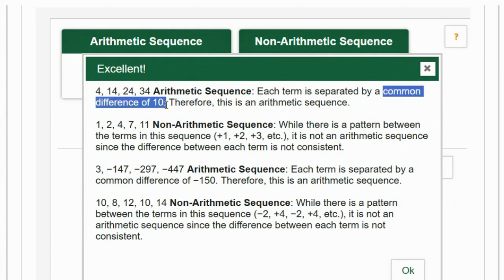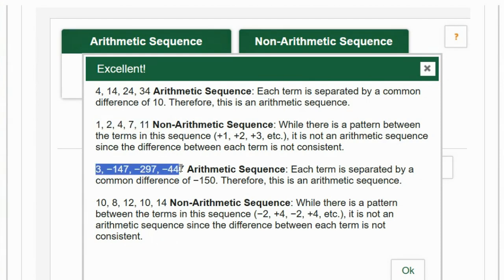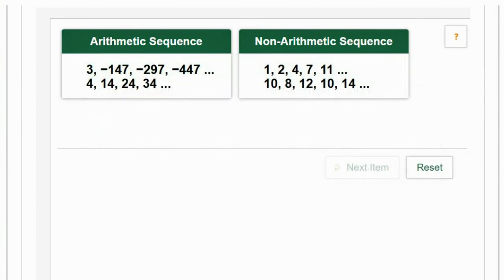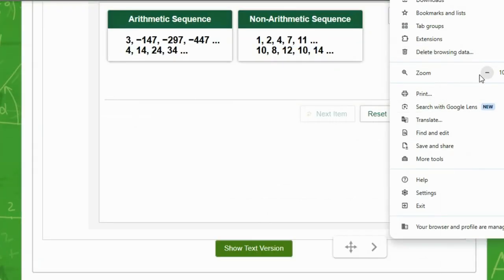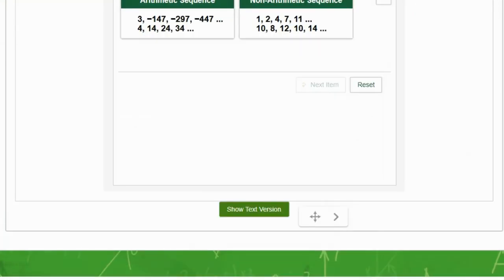That's the term we use, common difference, which means it's the same difference and they all have it in common. The first one was not arithmetic. Then we had the one that added negative 150, and then we had this one that was negative 2 plus 4, negative 2 plus 4. All right. Let's go to page 2.